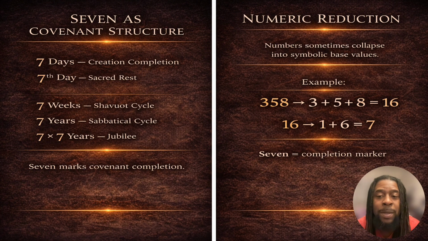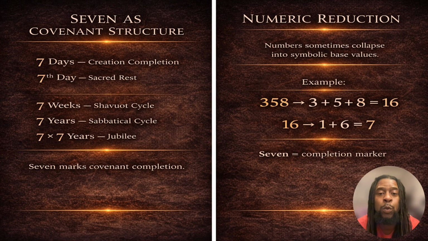In ancient interpretation, large numbers were sometimes reduced to their base values by summing the digits. When 358 is reduced, it becomes 16. 16 reduced again to 7. The reduction returns us to the covenant completion number already embedded throughout the Torah structure. Okay? And as you can see, I laid out all the numbers for you guys to see.